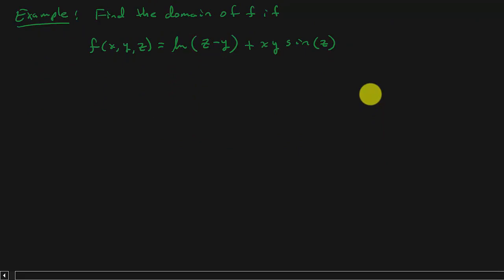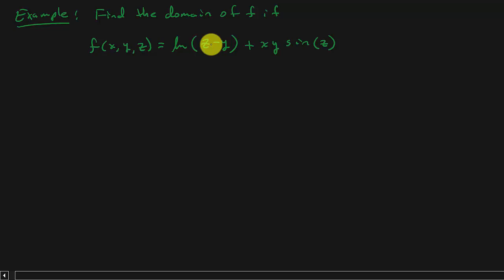All right, so what do we know? Well, let's look over here. We know there's something going on here, but let's look at this over here. So we can plug in anything we want to right here for x and y. That's not going to violate some math laws. We can take the sine of any angle, can't we? Any number. So that's not a problem. It's just when we get here to this logarithm. And what do we know?